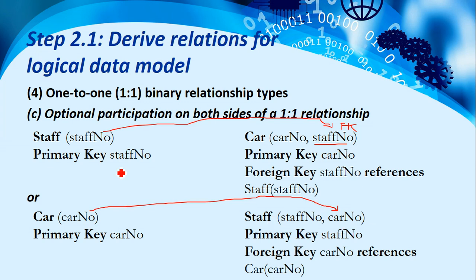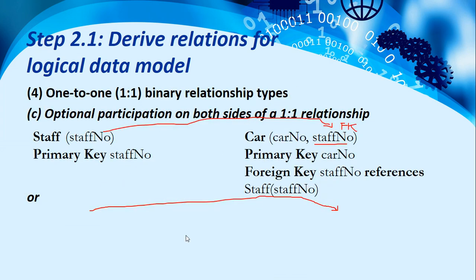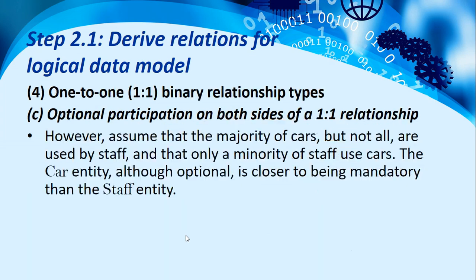Again, if you're going to encounter this scenario, either of these is correct. Now there's also a catch: hindi lahat ng situations na kahit optional yung participation on both sides. Let me explain na lang in this next slide.